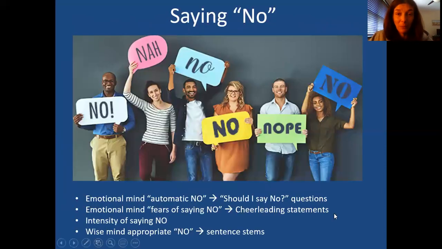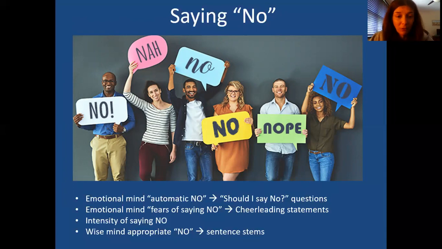Okay, so next, this is a little tied into self-respect too, because sometimes in order to respect your limits, let's say not taking on too much work or too much responsibility or doing so much caretaking that you wear yourself out, you need to say no sometimes. Okay, so let's look at this a little dialectically. So let's say emotional mind, right? This emotional mind knows and wise mind knows.